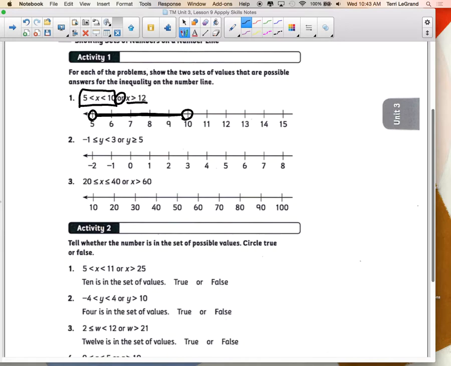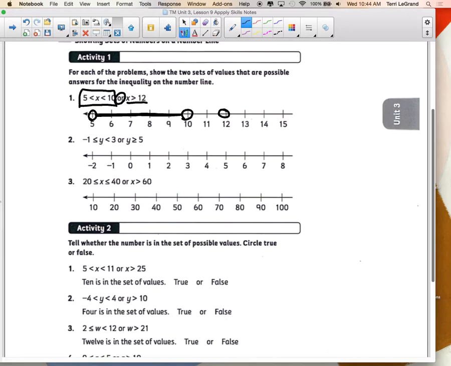Then we have the simple inequality that only has one endpoint, and that endpoint is at 12. So we'll put an endpoint at 12. Are we going to shade it in? Is 12 included? No, so we're not going to shade it in, and it says x is what? What does that symbol say? It is greater than, so we need to shade which direction?